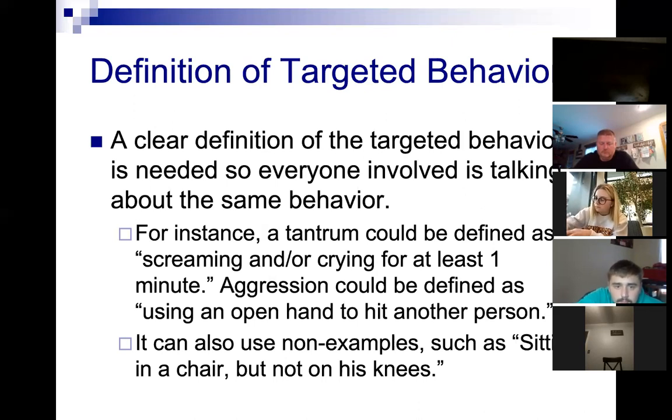Well, he crumbles up his paper and throws it on the floor. Well, in my world of dealing with kids with serious injurious behaviors, I would take that any day. I'm like, you sure you don't want them crumpling up their papers? I can work with that. That's better than the next example of being hit in the face or punched in the face. So when you are writing goals for data tracking, the more specific you are, the better data you're going to get.